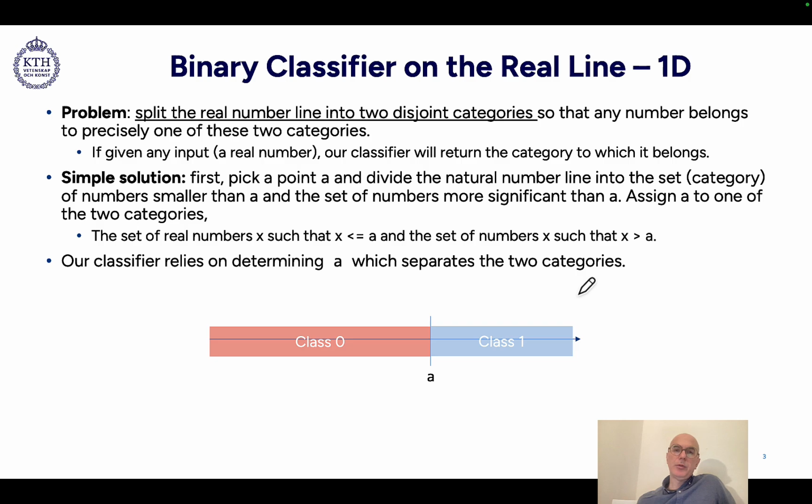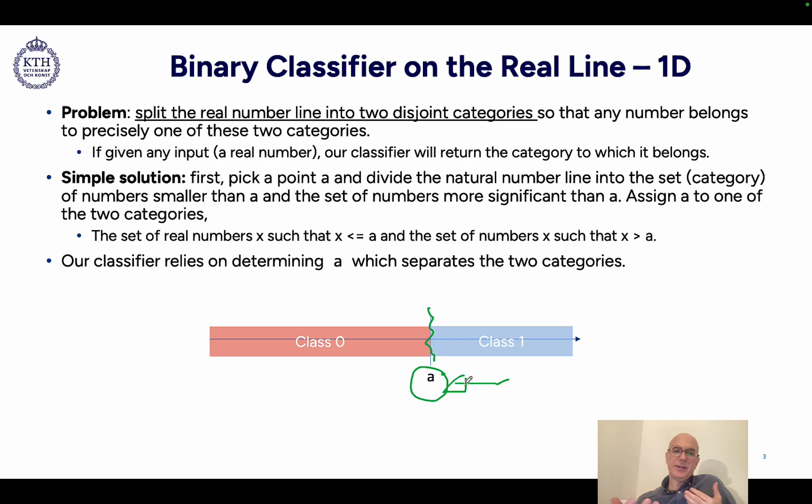Well, it boils down to determining a parameter A on the line that divides class 0 data from class 1 data. There is one assumption, that the two classes are separable, and our algorithm, the so-called training, will determine what A is.